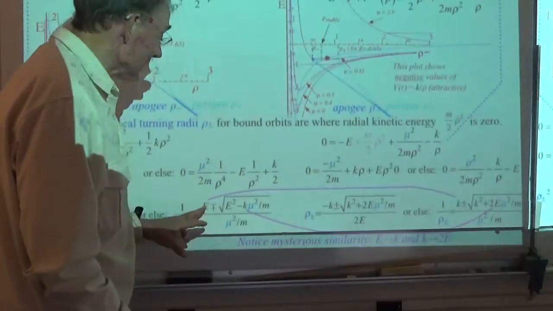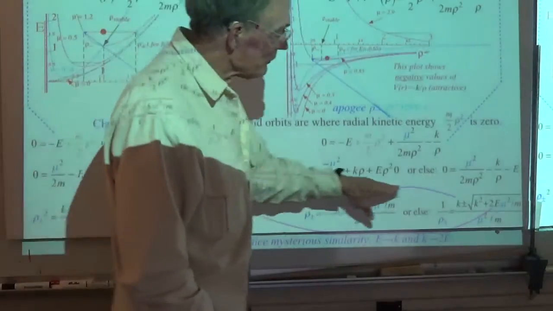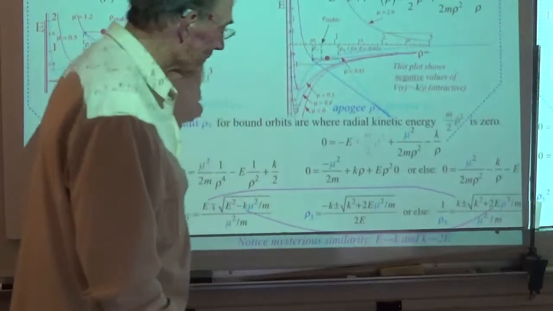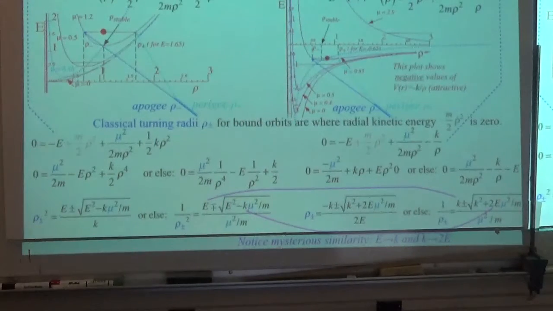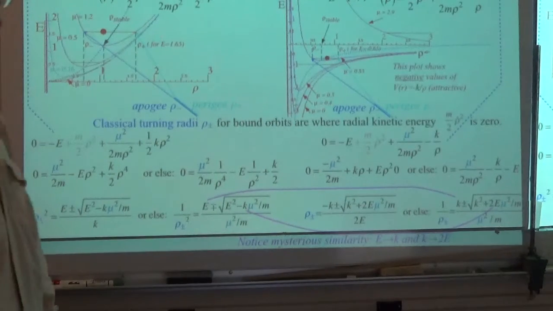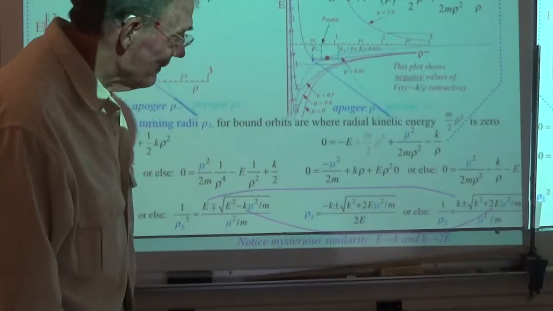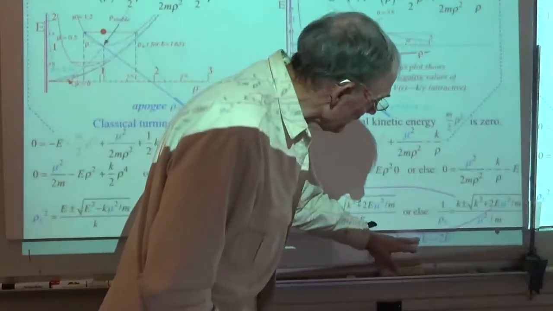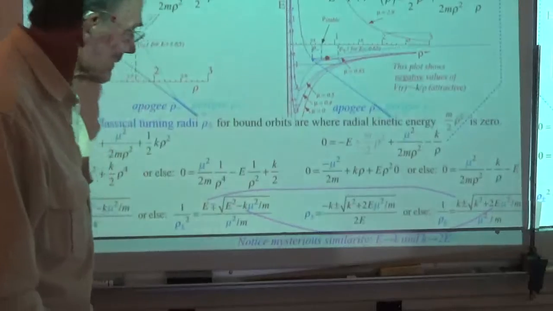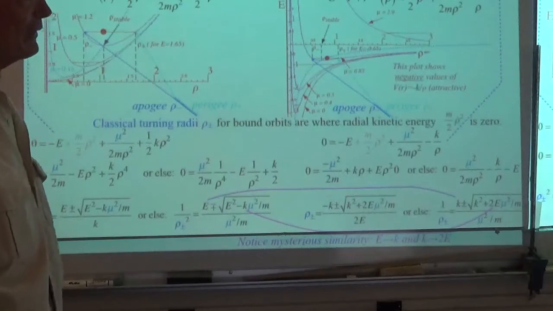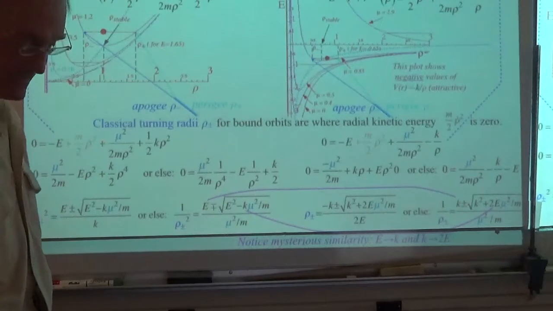And wherever you see an E, you replace it with a K. It's kind of neat, kind of weird. E goes to K, K goes to 2E. Mysterious similarity.